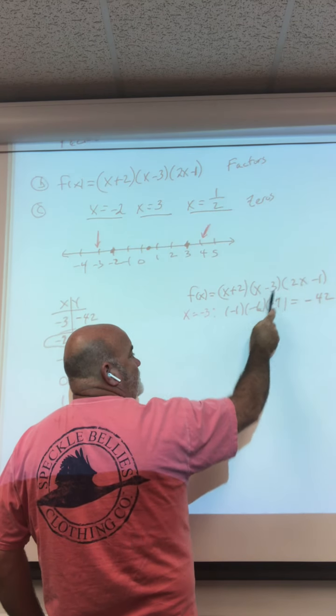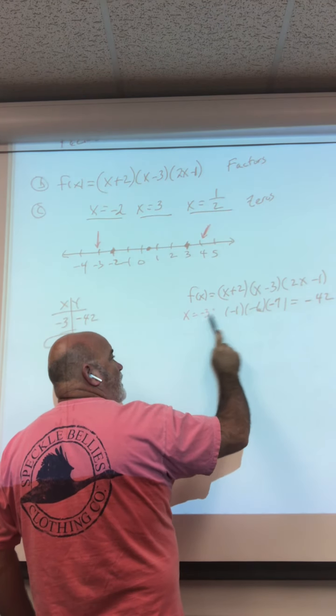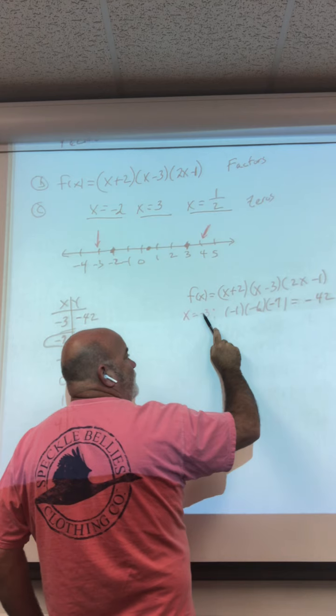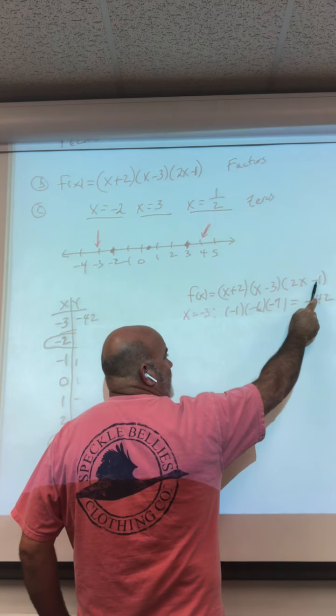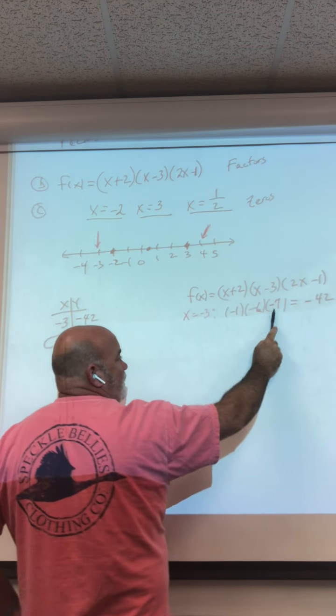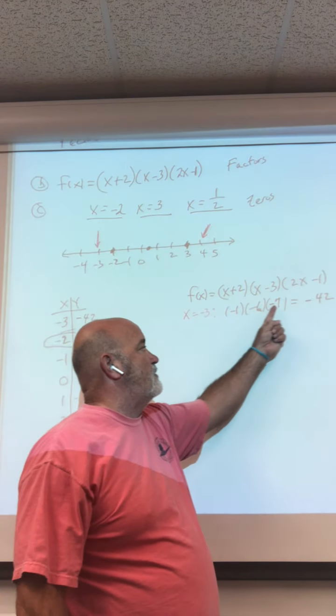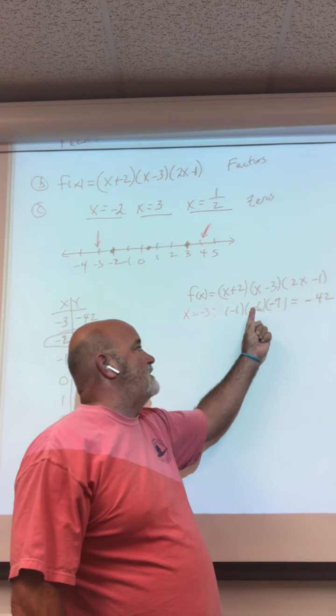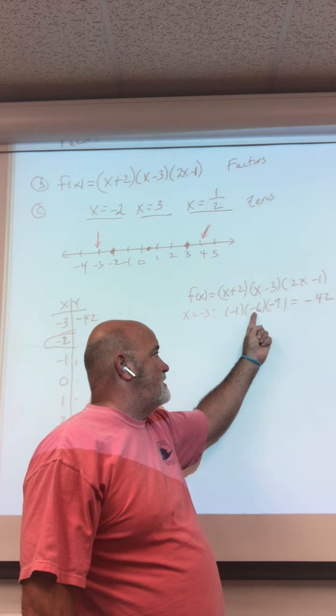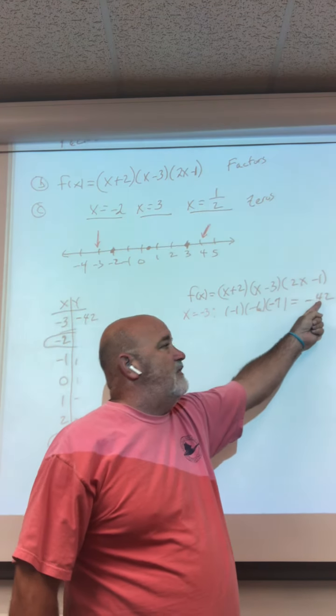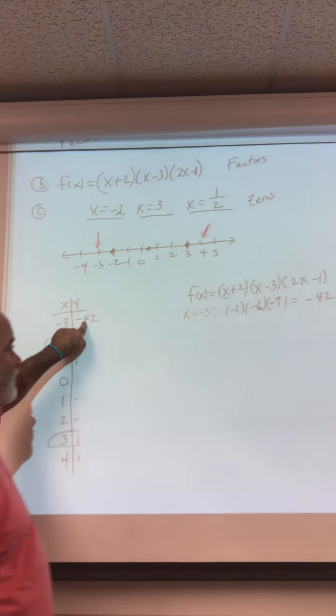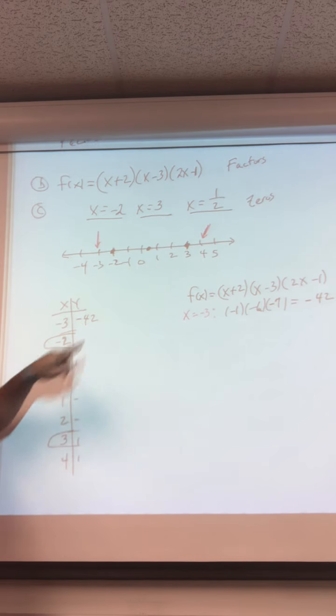Negative 3 minus 3 is negative 6. And then 2 times negative 3 is negative 6 minus 1, which is negative 7. You are multiplying these three numbers. Negative 6 times negative 1 is 6. 6 times negative 7 is negative 42. That's where this number right here comes from.